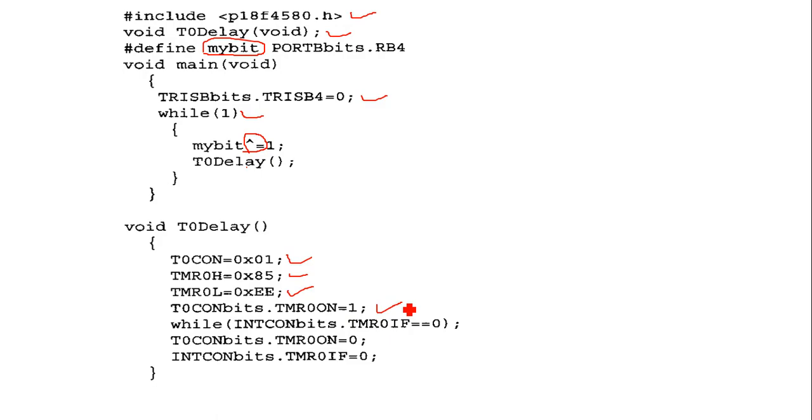While INTCON, in earlier lectures we have seen what the steps are. One bit from the interrupt register we have to monitor, to see whether the timer has overflowed. That bit is the INTCONbits TMR0IF, from the 8-bit register INTCON, used to see the status of overflow of the timer.